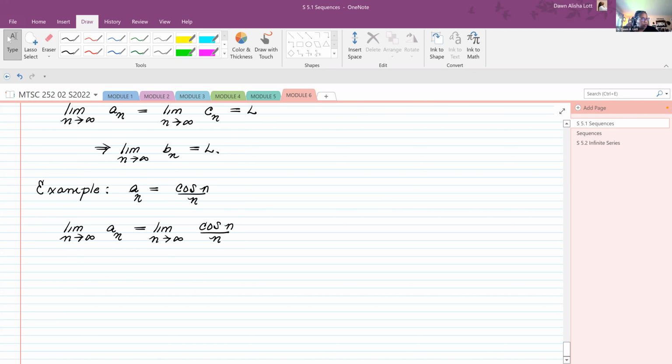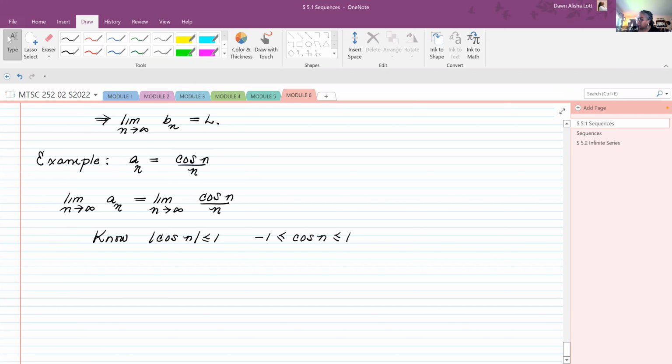So I want to use the fact that we know that the absolute value of the cosine of n is less than or equal to 1. So that says -1 is less than or equal to the cosine of n, which is less than or equal to 1.